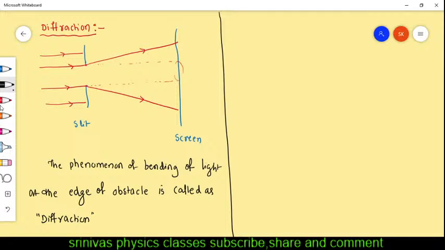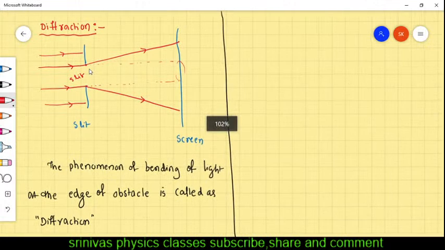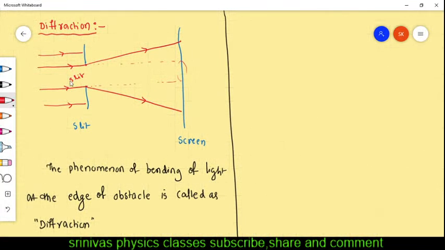Here if you observe this, this is the diverging beam of light after passing through this slit. This is a slit. When light passes through this slit, this light is bending, and it is diverging here because the rays are moving away from each other. If you draw the wavefronts, you will get them like this.